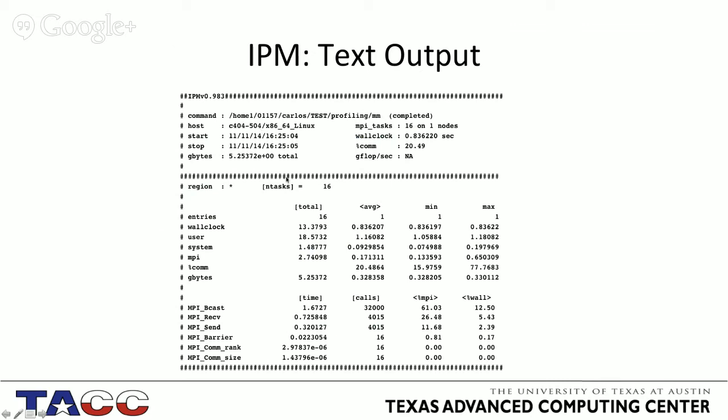So sometimes it's useful. It will tell you how much memory you were using in total, in this case about 5 gigs. It will not report gigaflops per second because we have not set this up to use PAPI to read floating point operations. And it will tell you what percentage of your time was spent in communication, which is the most useful part, right?